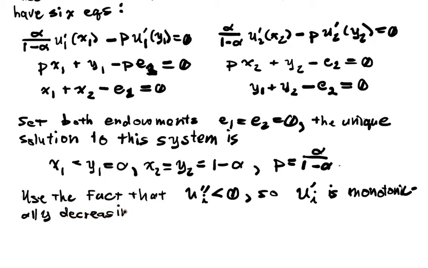This is the derivative of ui prime, and so this is monotonically decreasing. And if it's monotonically decreasing, then you can argue that if you look at these equations, we have to have essentially that x1 is equal to y1, and x2 is equal to y2. And once you have that, you can solve this system of linear equations and figure out exactly what all the values are supposed to be.